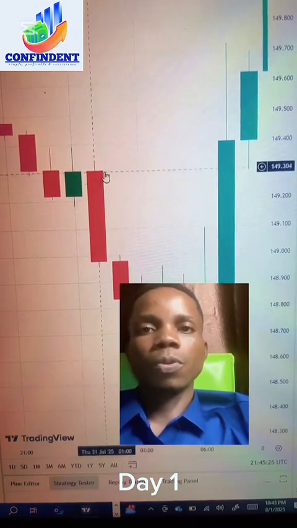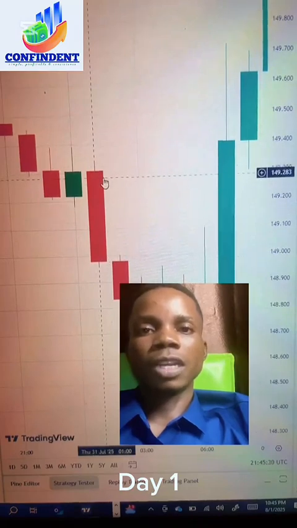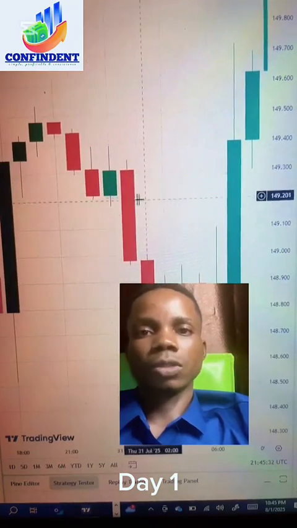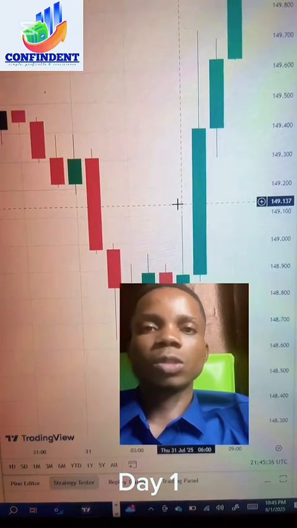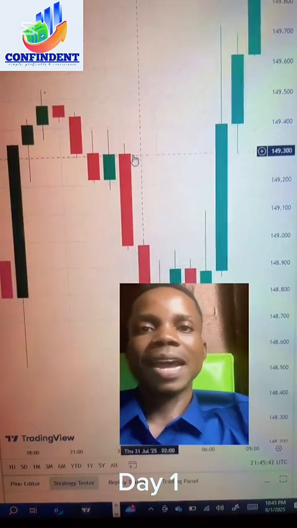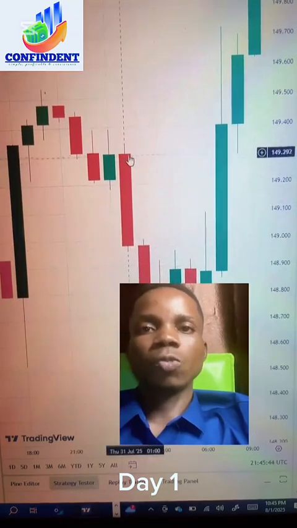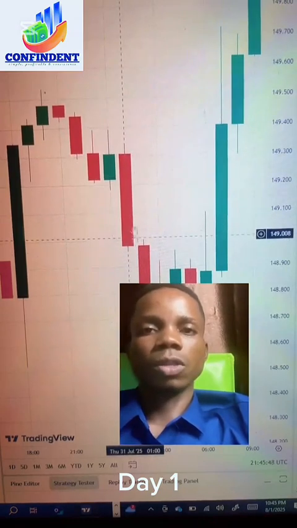When the open is above the close of the candle, then we consider the candle a bearish candlestick. So remember, a bullish candlestick is when the close is above the open. That means that one is taking the price up. So this bearish candle is taking the price downward. That is why it opened here and closed here. It's moving downward. That's why we call it a bearish candle.